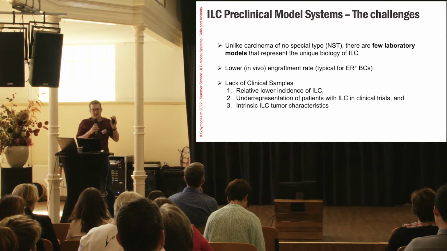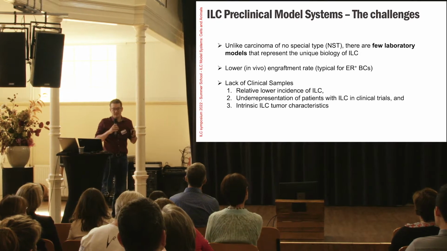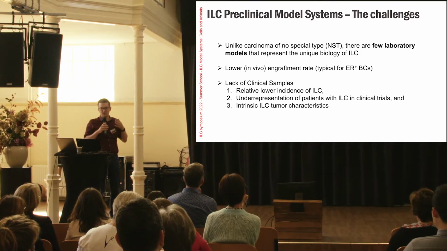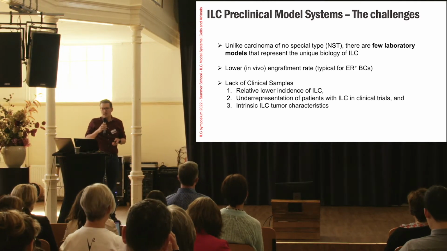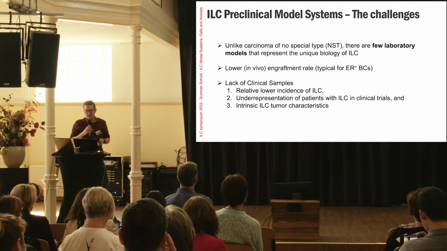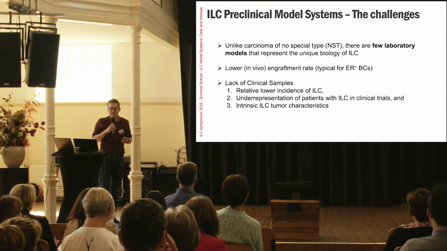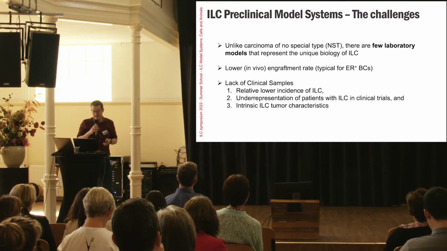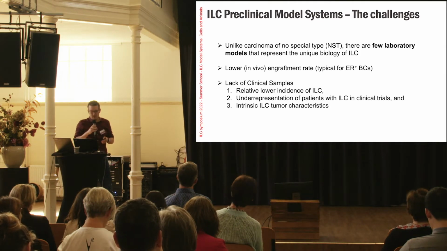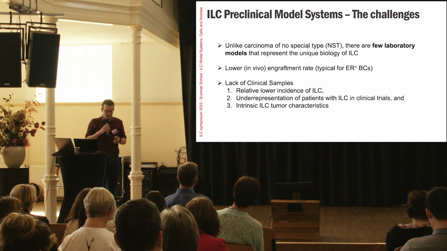As I mentioned, these are estrogen receptor positive tumors, and we know that estrogen receptor positive tumors are notoriously difficult to grow in vivo. The graftment rate is very low. On the other hand, we have a lack of clinical samples. There is a relatively lower incidence of ILC, and there is under-representation of patients with ILC in clinical trials. And of course, the third reason is the intrinsic ILC tumor characteristics that make them difficult to develop as models.